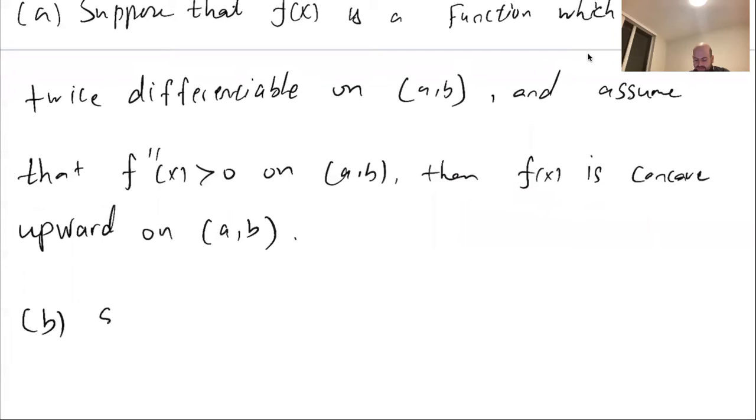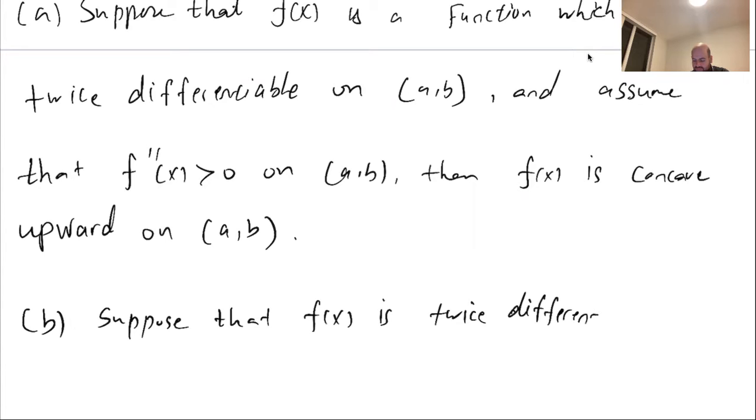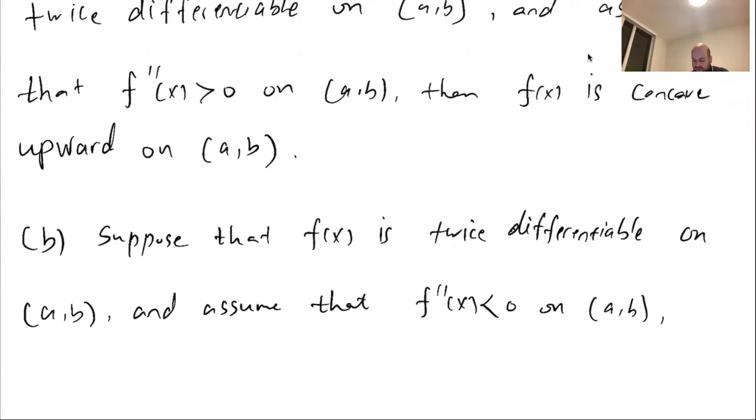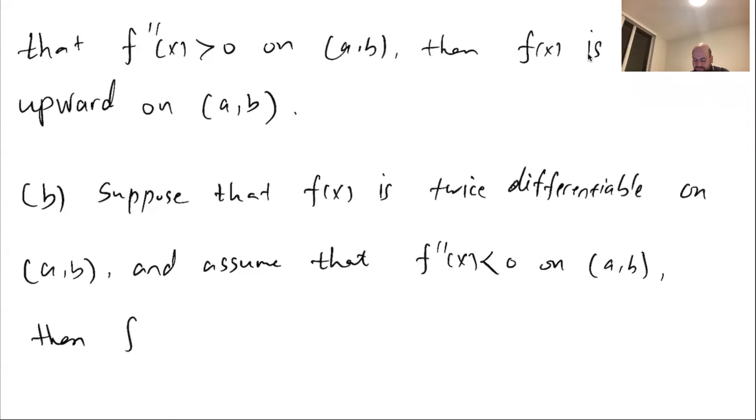Similarly, for part B, suppose that f of x is twice differentiable on a and b, and assume that f double prime of x is less than 0 on a and b, then f of x is concave downward on a and b.